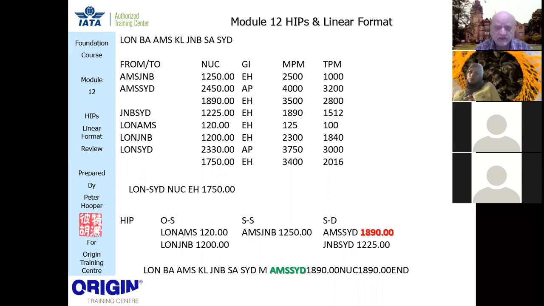That's why you need to understand the fare, because you can tell the passenger, because you're stopping in Amsterdam, the fare is increased to 1890. If you don't stop in Amsterdam and you just do London, Johannesburg, Sydney, or transit Amsterdam, I can get it for you 1750. Now that is what you're supposed to be doing, as a travel agent.